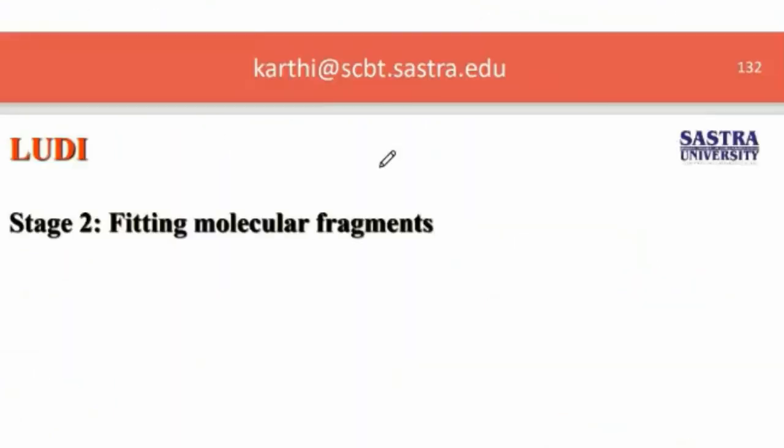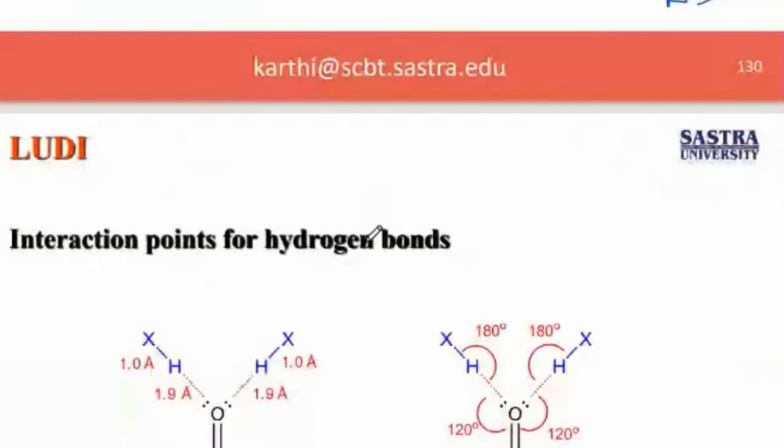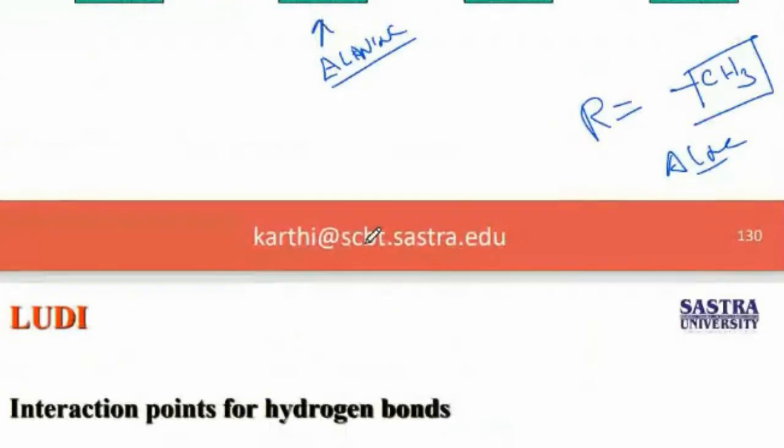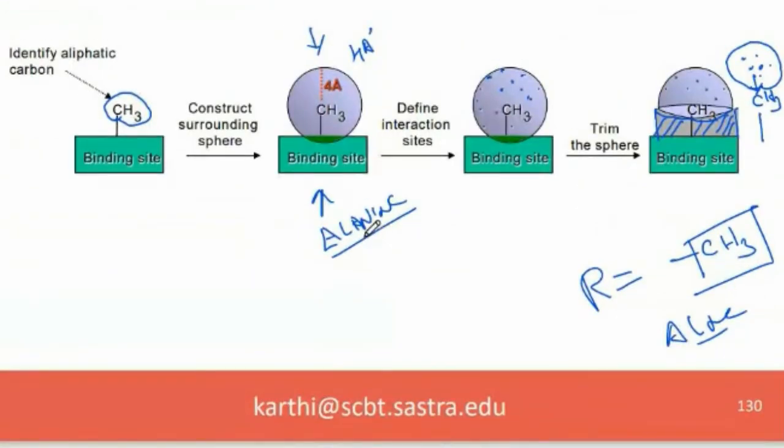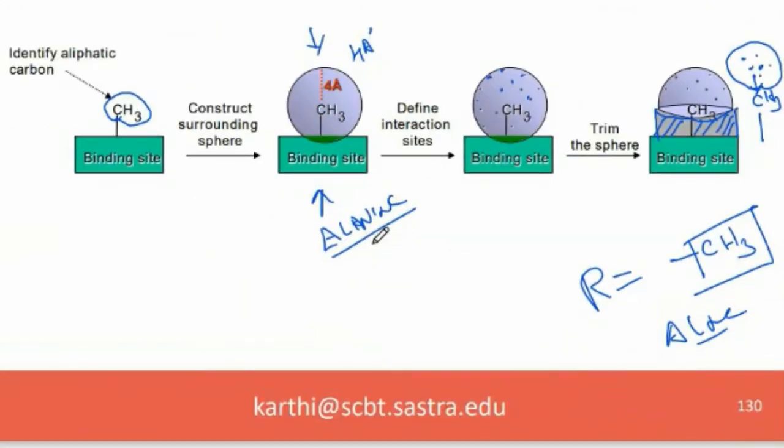Coming to how they map the hydrogen bonding interaction, we cannot use the same concept, because the formation of van der Waals interaction depends only on distance. It's not directional. It can take place in any direction.